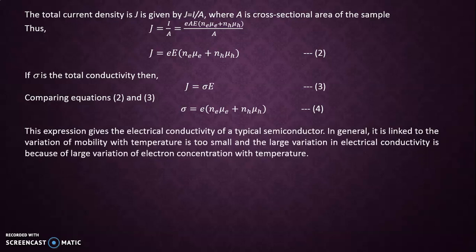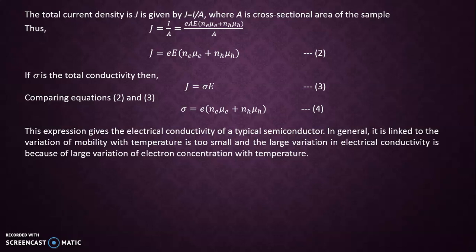So this expression gives the electrical conductivity of a typical semiconductor. In general, the variation of mobility with temperature is too small, and the large variation in electrical conductivity is because of the large variation of electron concentration with temperature.